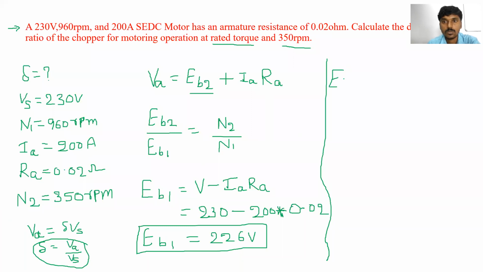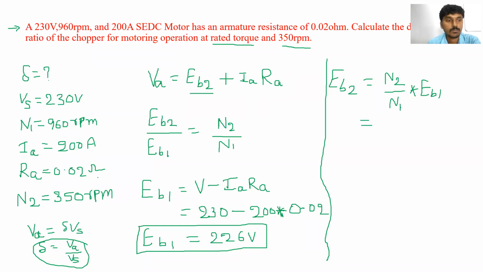So EB2 is equal to N2 upon by N1 into EB1.